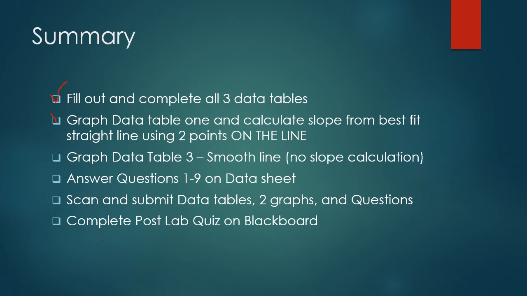Make sure you're doing a best fit straight line and make sure you are calculating the slope and showing that on the graph. For data table 2, you are using that graph from data table 1 to do a predicted bounce distance. The other graph you're going to turn in is using data table 3. That's the smooth line graph that I just showed with no slope calculation for that one.